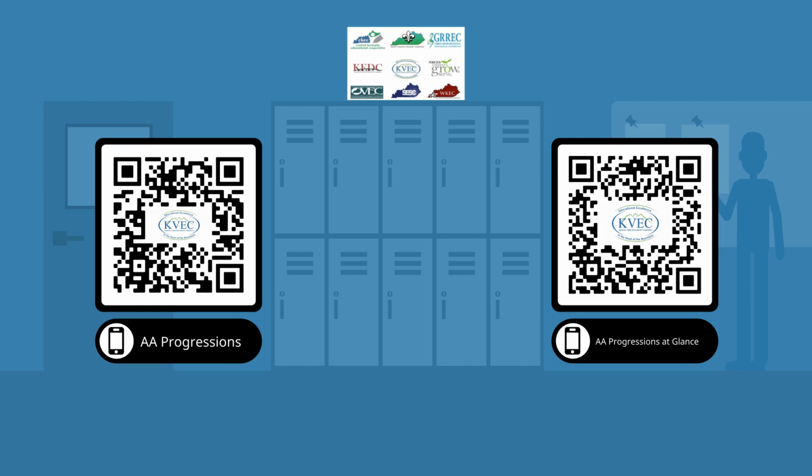This document is crucial and it sequences what we will be teaching and how the standards grow and evolve across grade bands. Follow the QR codes on the screen to print copies of each progression document.